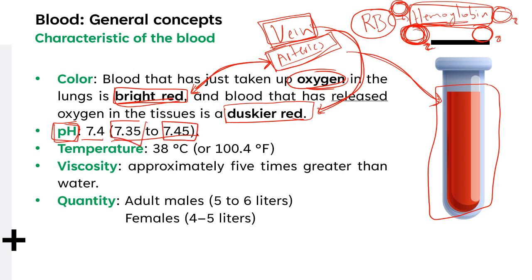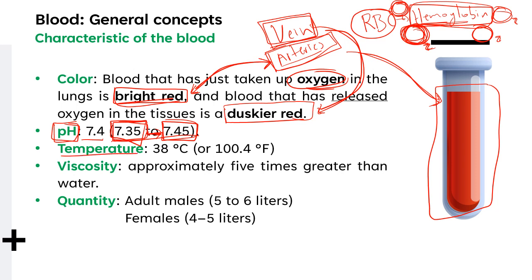This is crucial for the body to maintain these levels, because changes in the pH of blood can cause death. So if your pH goes lower than 7.35 it is dangerous, or if it goes above 7.45 it can also be fatal.